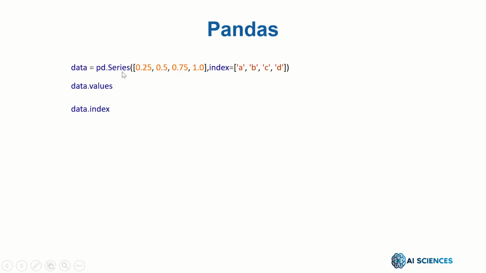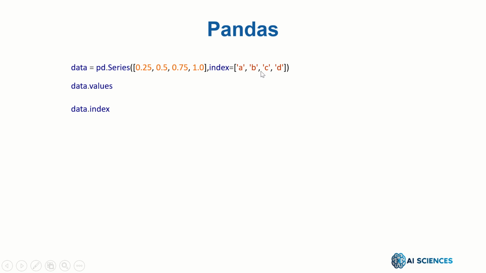Now if you call this Series function, it may look to you like the np.array function, where these are the values. But in a Series, you can give explicit indices to each value. In a NumPy array, for example, you have 0.25, 0.5, 0.75, 1.0. The default index of the first element is 0, the default index of the next element is 1, and so on.